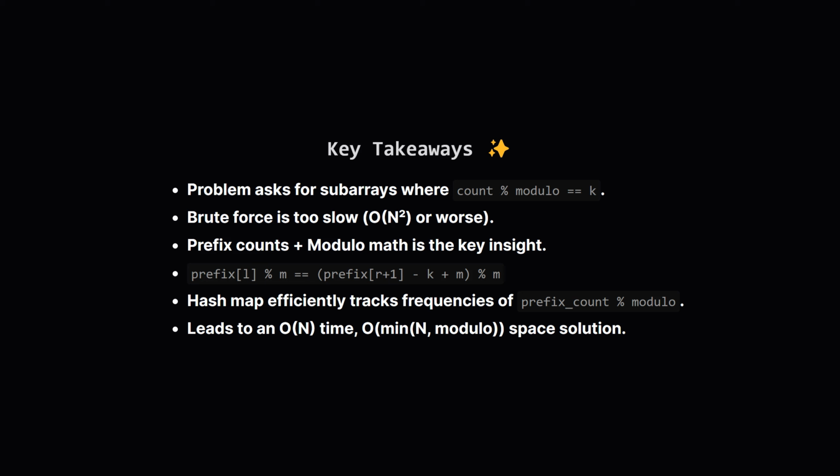We needed to find previous prefix counts, modulo m, that matched a specific target value, derived from the current prefix count modulo m and k. A hash map proved to be the perfect tool to efficiently track the frequencies of these prefix count modulo values, allowing us to find the number of valid starting points L for each ending point R in constant average time. This whole strategy resulted in a fast order n time solution with reasonable order min(n, modulo) space usage.